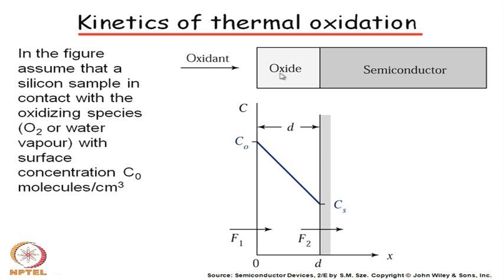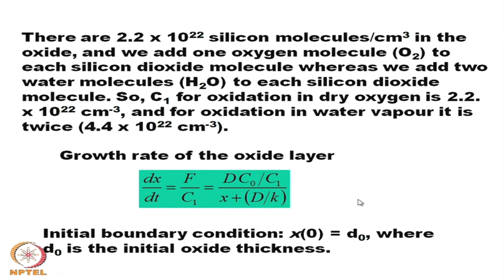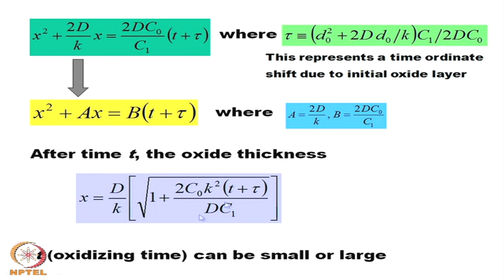Then it will diffuse through the oxide layer to reach the semiconductor surface with the surface concentration of Cs, and we have calculated two fluxes here, F1 and F2. At steady state this F1 and F2 become equal and we have achieved that F equals this. And finally, we have solved this equation to obtain the value of x equals D by k root over of 1 plus 2 C0 k square t plus tau by D C1, minus 1.